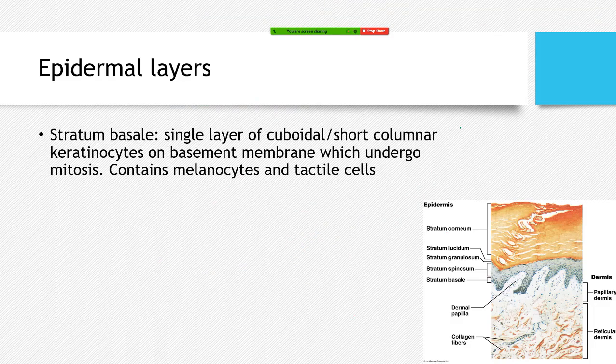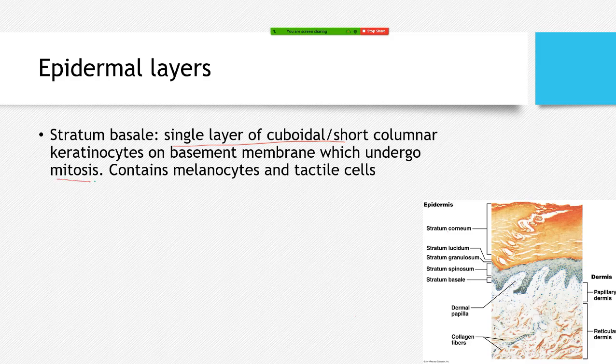Okay, so we talked about the strata, right? We said that the first three layers on the bottom are going to be living keratinocytes, and the last two, if it's a thick type of skin, are going to be dead. Okay, so the very first layer here is going to be kind of cuboidal, and they will undergo mitosis.